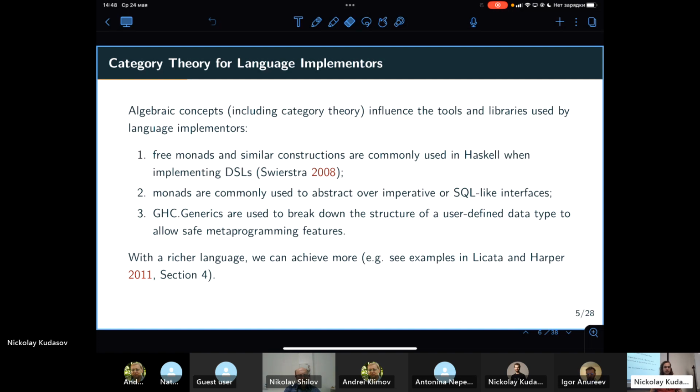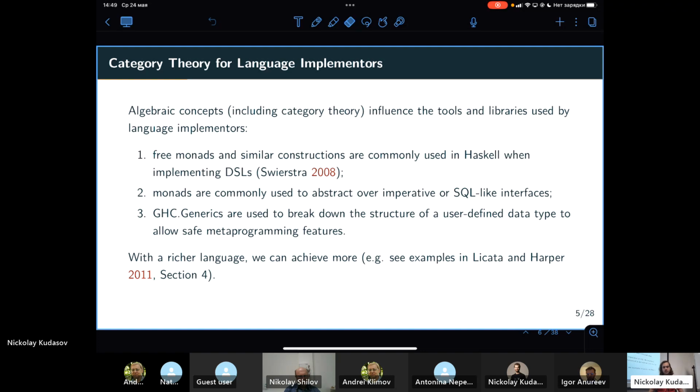So, for example, in Haskell, I can definitely implement a language in such a way that substitution is given for free, mostly, but I can only do that for relatively simple situations where I do not have some extra constraints that have to be considered. So there's a specific form of the data type that I have to work with that allows me to do that. And with the richer language, we can achieve more.